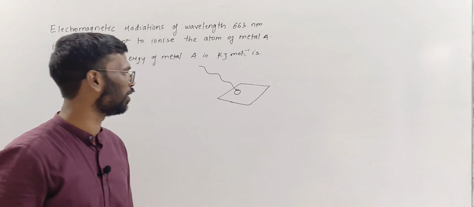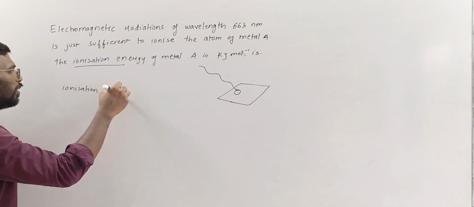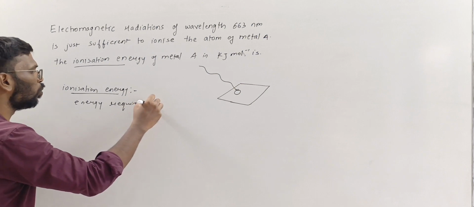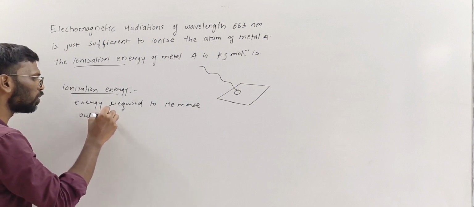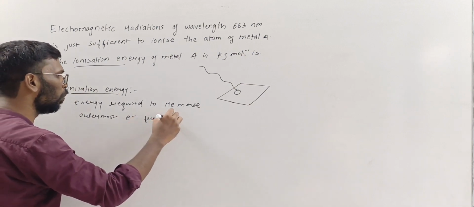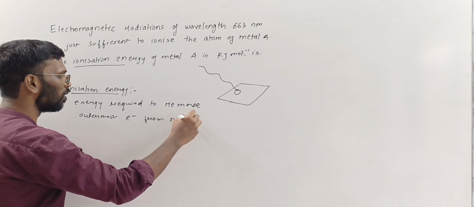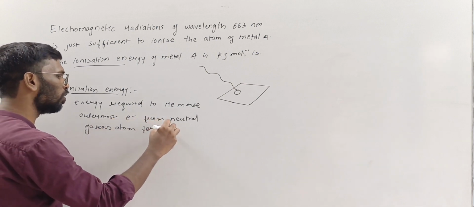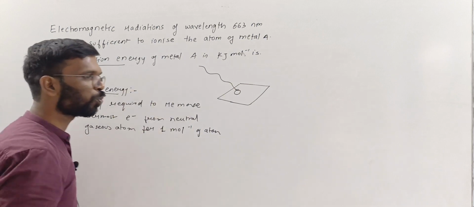Now what is the meaning of ionization energy? Ionization energy by definition is the energy required to remove the outermost electron from a neutral gaseous atom, I am talking about the first ionization enthalpy, for 1 mole of atoms, right? 1 mole means 6.02 into 10 to 23 atoms.